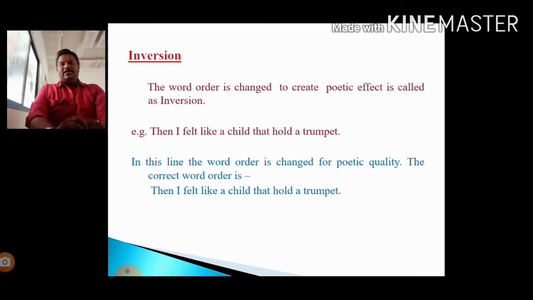That is the main intention behind changing the word order. In this line, the correct word order is "then I felt like a child that hold a trumpet," but the line is inverted. That is inversion.